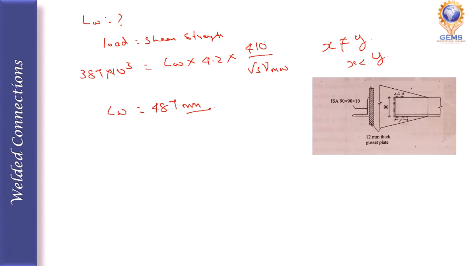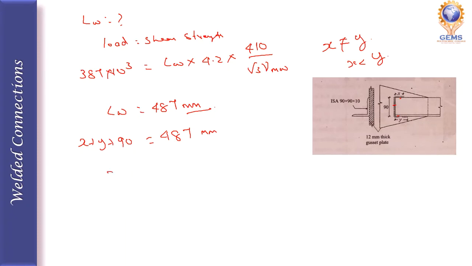So how can we take the Lw? Here for Lw, we have three sides: 1, 2, 3. Here x plus y plus 90 is equal to 487 mm.